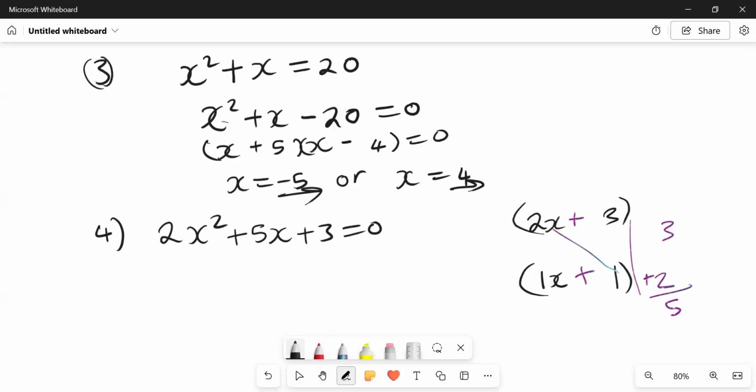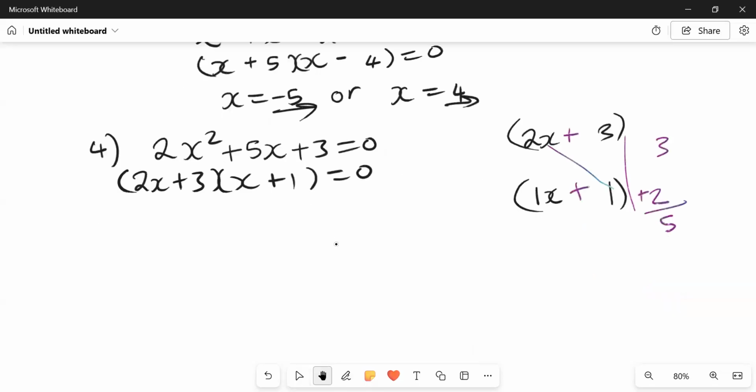Now I'm just having two brackets equals to 0. It's just copy and paste. 2x plus 3 and then x plus 1. Because now this seems to be complicated, I will do it step by step. So 2x plus 3 equals 0 or x plus 1 equals 0.